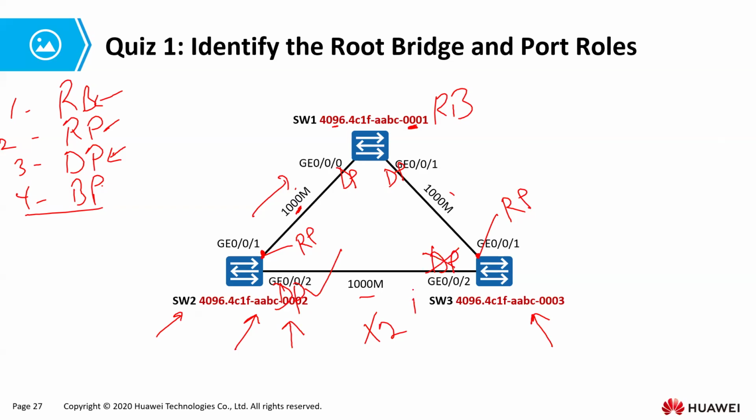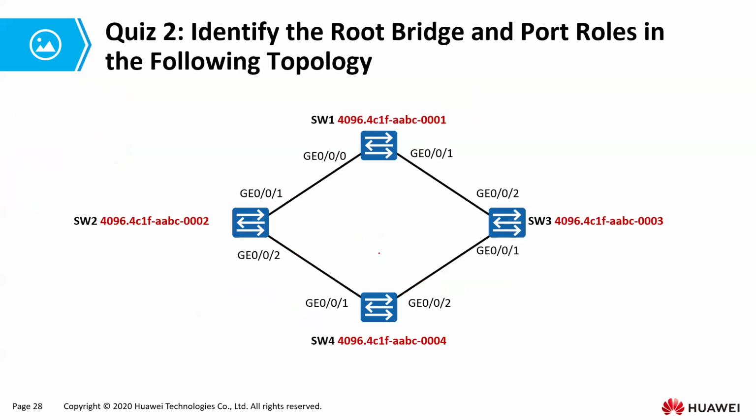This one becomes the blocked port, the blocked link. That's basically how we make our STP calculations. Another example, bridge ID, lowest MAC address.